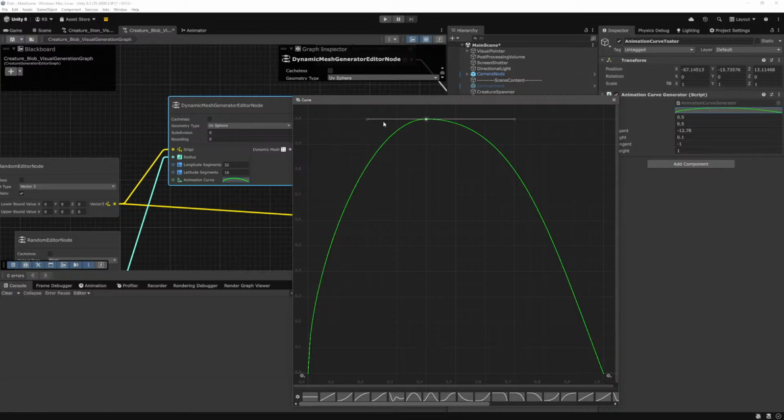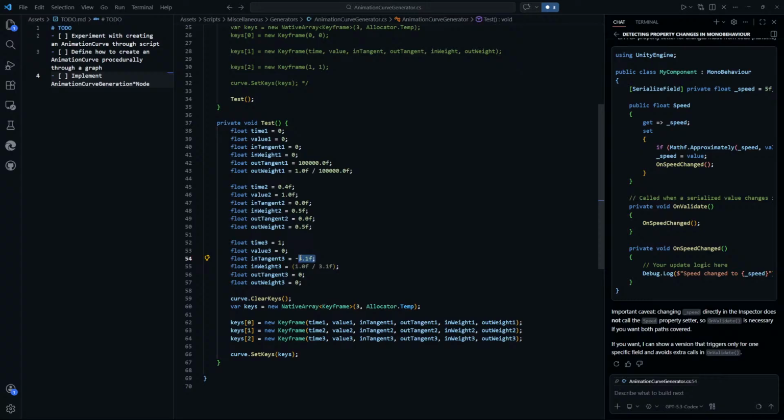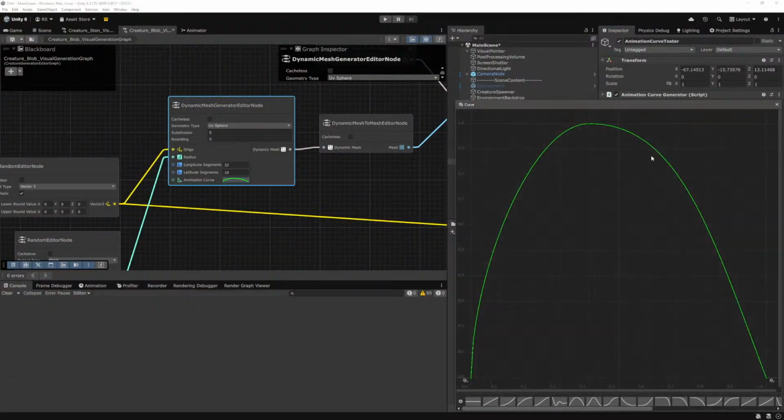But then I'm also wondering why is this one longer than this one, when both of them should have the same weight and the same out tangent. Why?